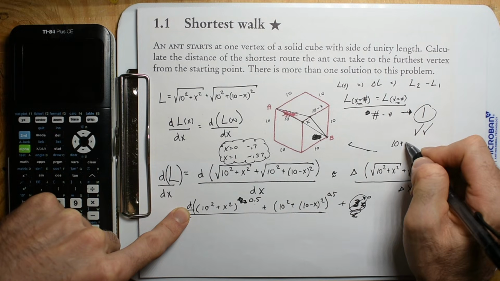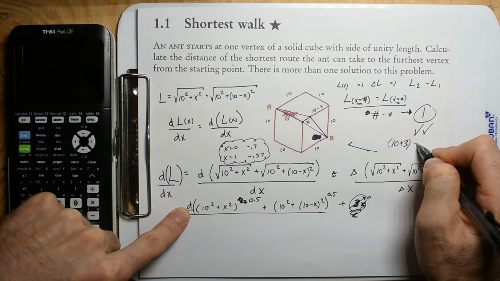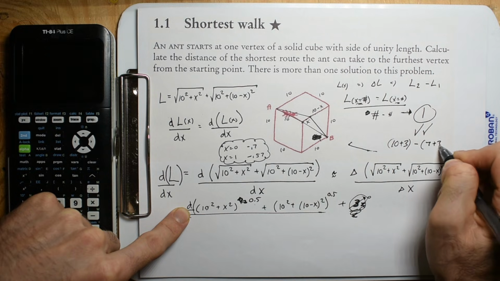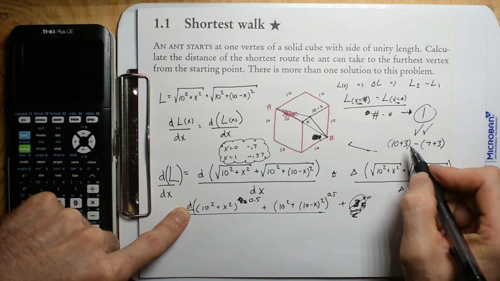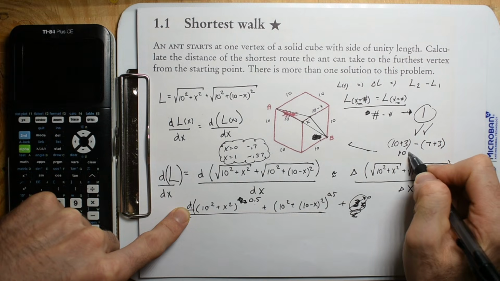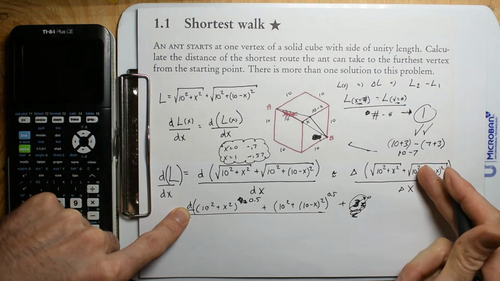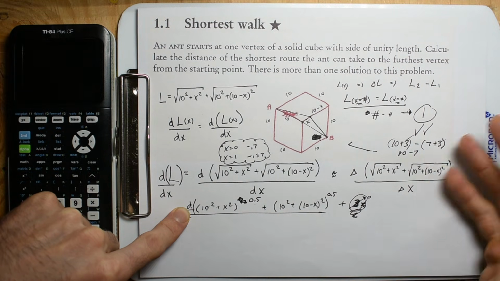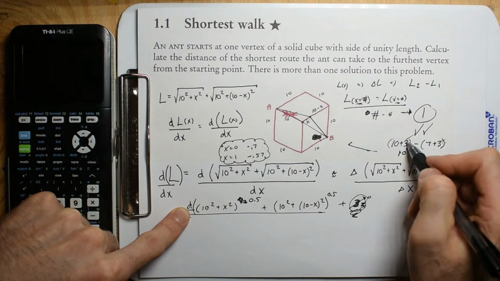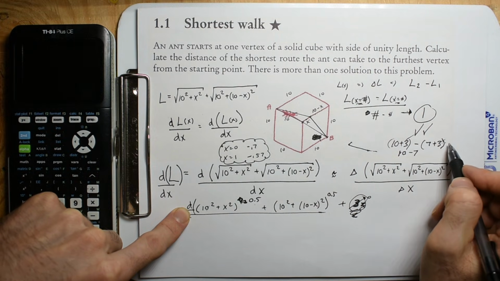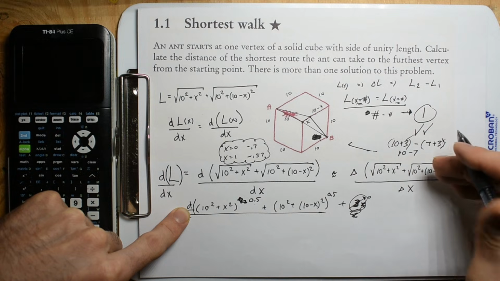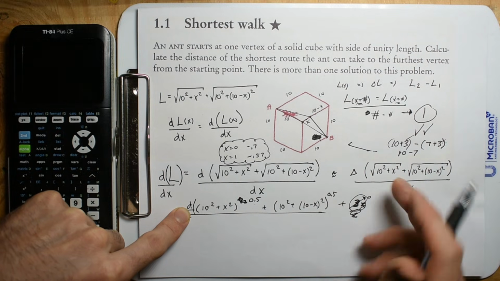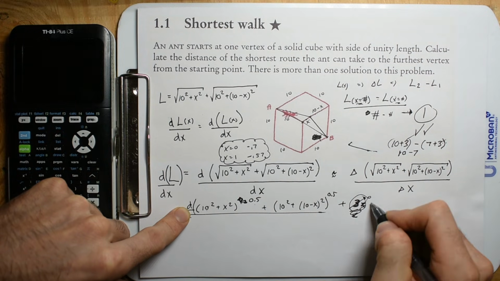So if I have 10 plus 3, and then I subtract 7 plus 3, this is the same thing as just subtracting 10 minus 7. So the 3 did not change from one point to another, and so it's going to cancel out, since the derivative is a difference, it's how much something changed. So that's one aspect.